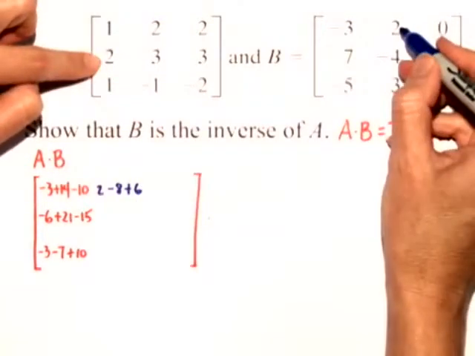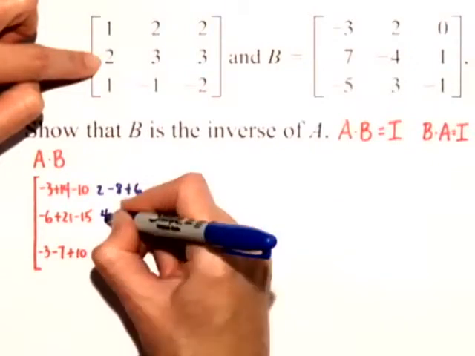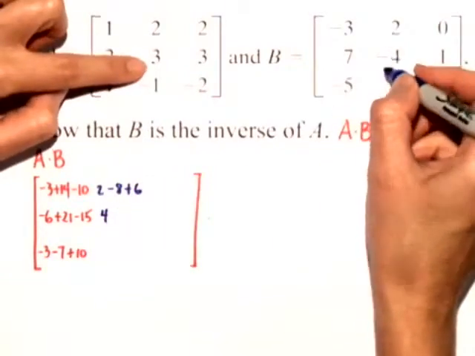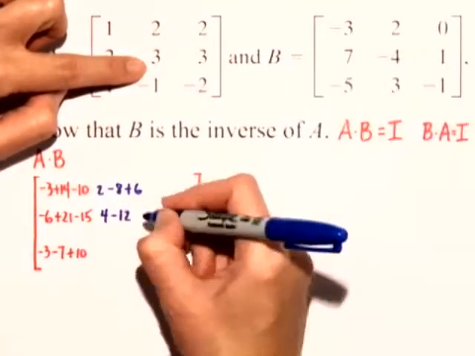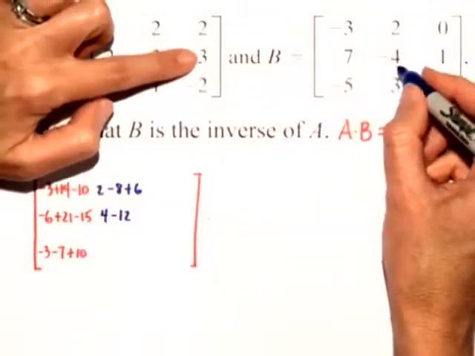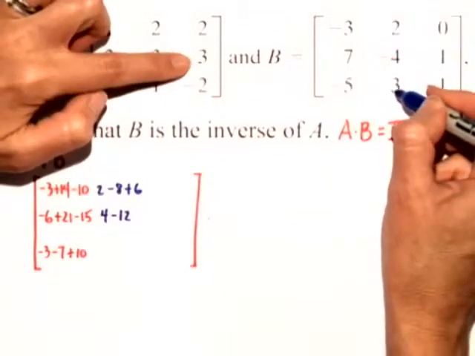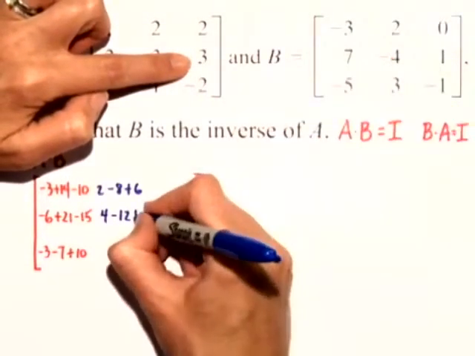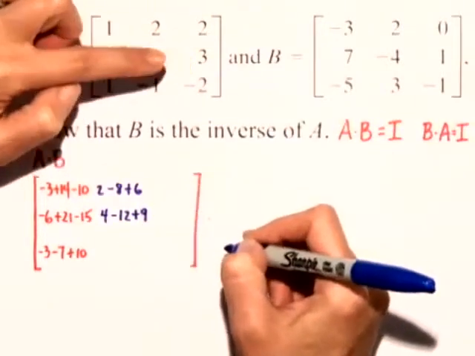Next I have 2 times 2 is 4, plus 3 times negative 4 is negative 12. I'm moving across row 2 and down column 2. I have 3 times 3, which is plus 9.